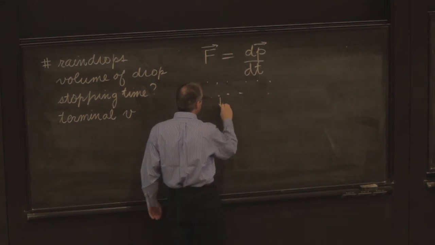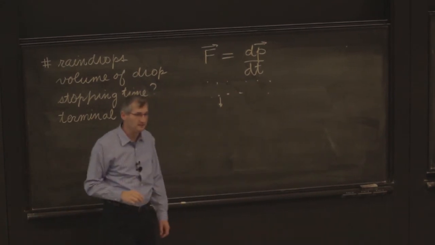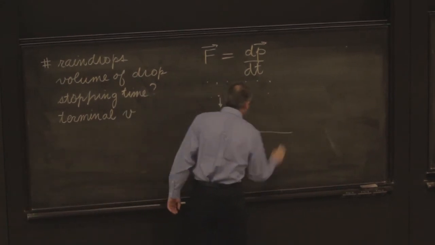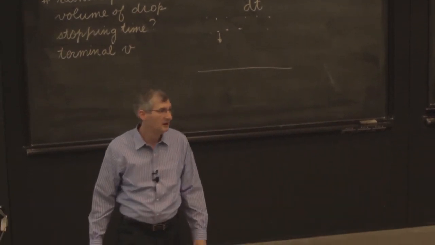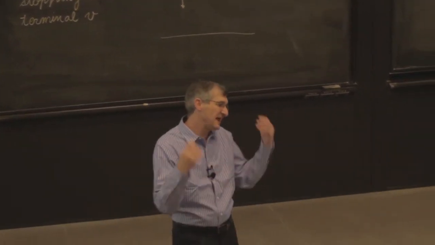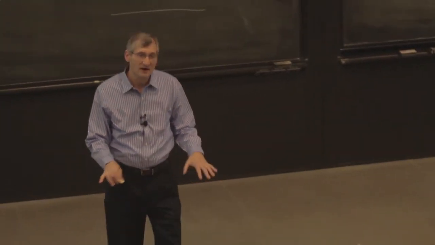And we have a bunch of raindrops coming down, each one carrying some momentum, and then what are we going to assume happens at the ground? I mean, there could be splashing and stuff, but let's just say they come to rest. All right?